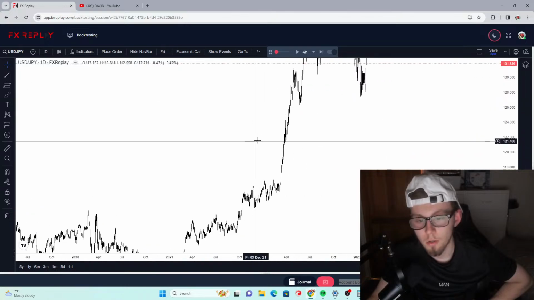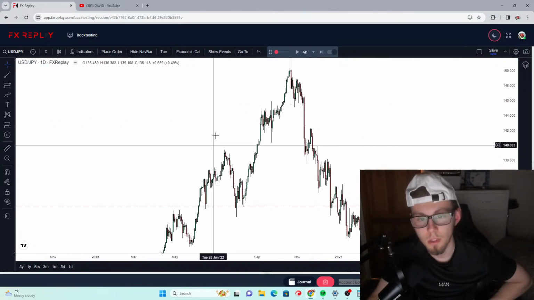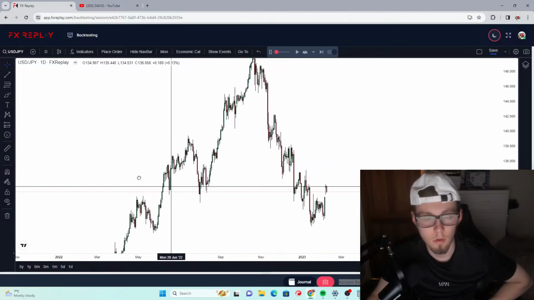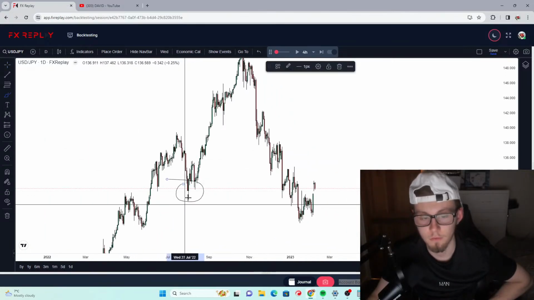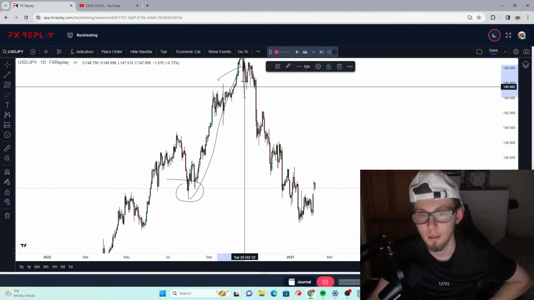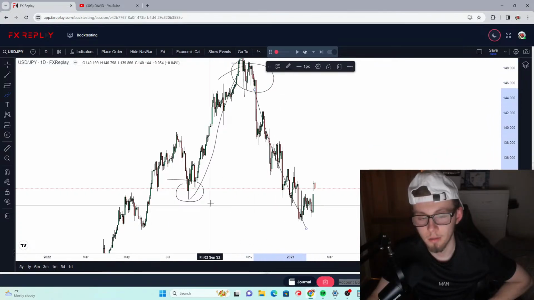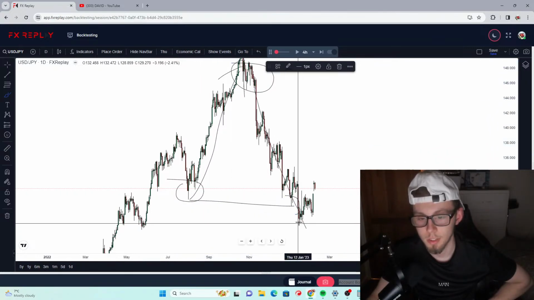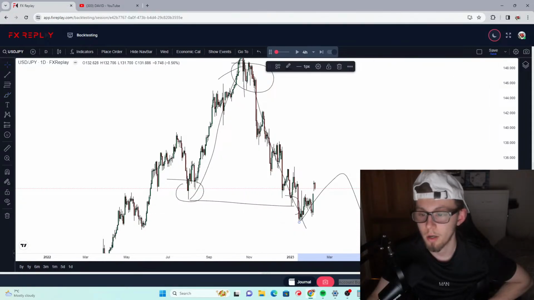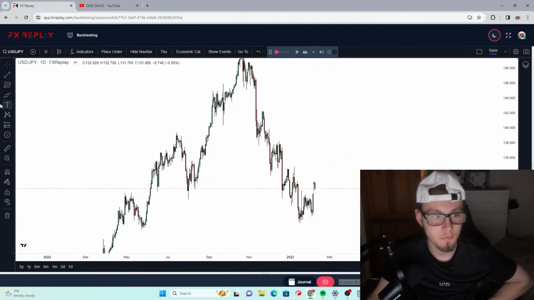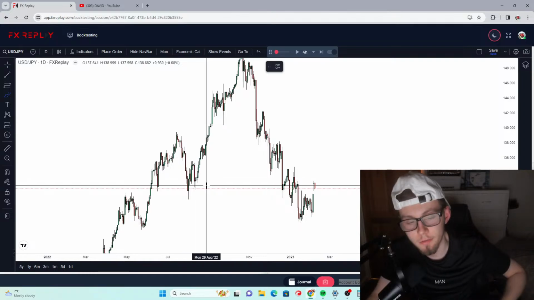But yeah, I think we've had a huge impulse, obviously. We started to basically break down once. If you look at the actual structural leg, it's from here up to here, and then obviously that broke down. And people would actually see this as maybe sells go even lower. Me personally, I don't actually believe that.